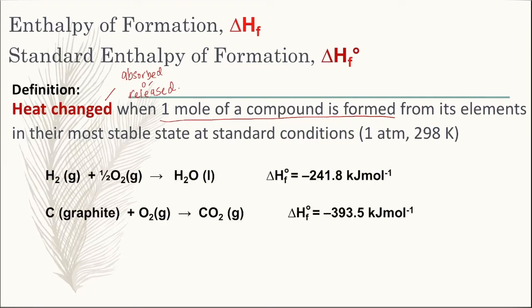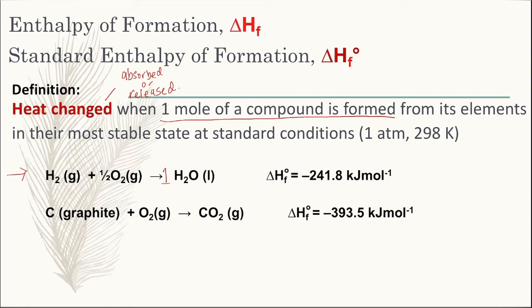These are the examples of enthalpy of formation of a compound. Let's look at the first equation. In order to produce 1 mole of water, this reaction releases an amount of 241.8 kilojoule per mole heat.